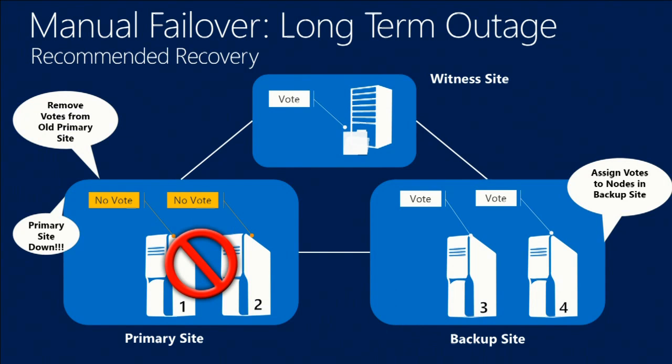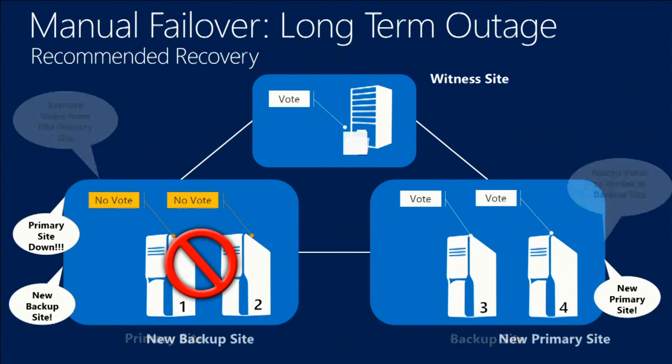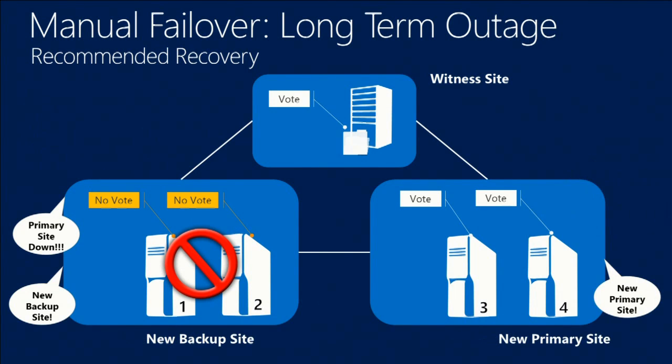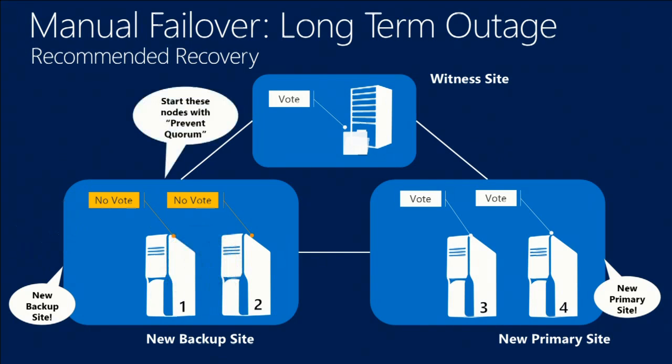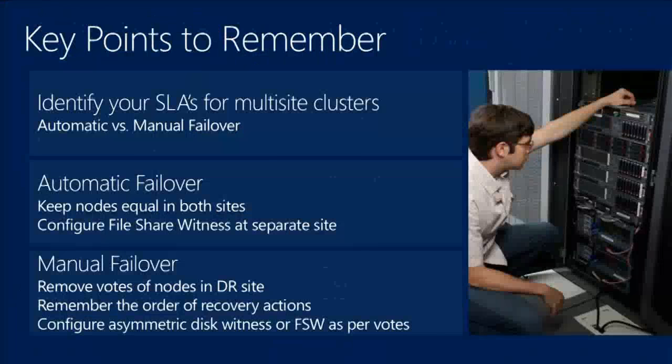And when you do get a chance, of course, you remove the nodes' votes from the primary side. So essentially, you just exchanged the backup and primary site roles as part of this recovery step. This is a long-haul recovery, but only for scenarios where you cannot recover your primary side quickly enough. And once you do get access, start the primary side with prevent quorum, and the cluster resumes normal functioning.